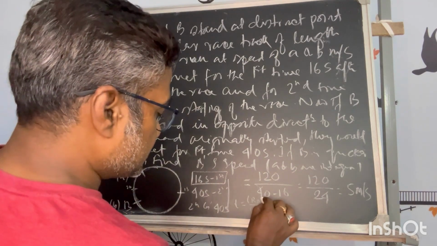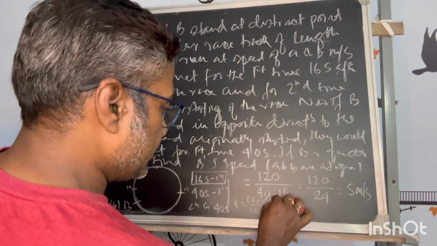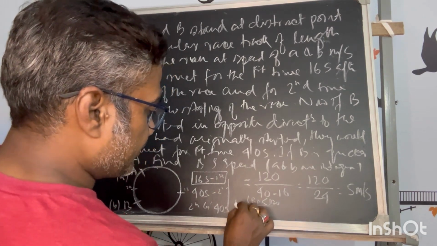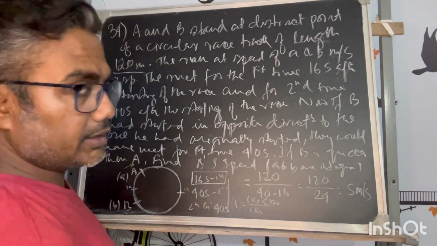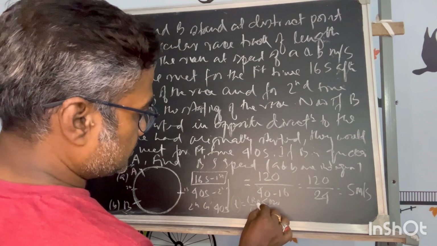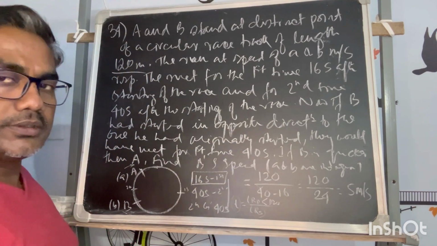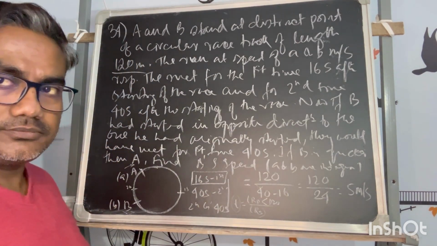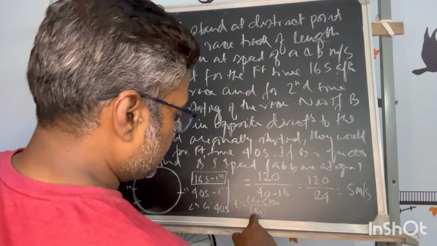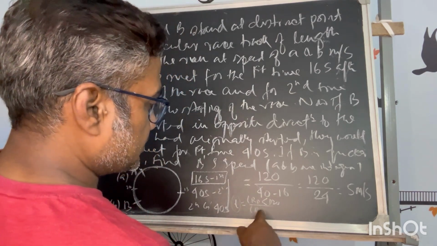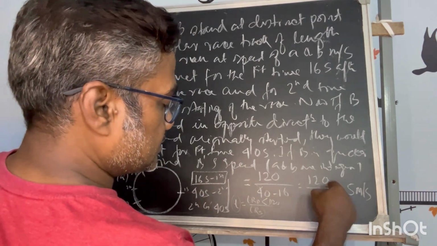So that relative distance is already less than 120, and further the time taken is more, so this has to be a lesser value. That means the relative velocity for this case must be less than in the other case.